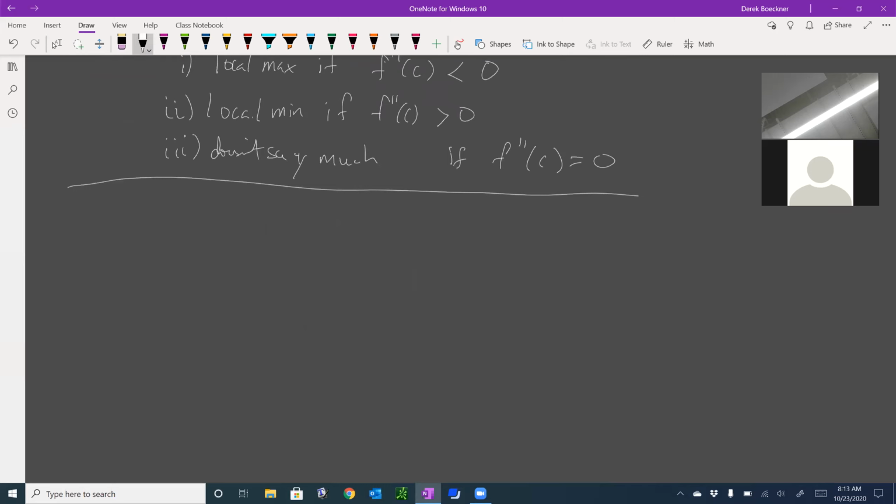So take x to the fourth: f double prime is 3x squared, which is 0 there, but that's definitely not a point of inflection. Concave up, concave down, points of inflection.